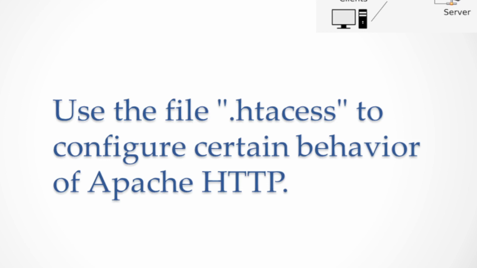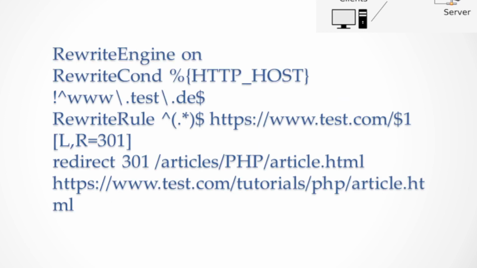The .htaccess file is useful for configuring certain behavior of your Apache HTTP server. For example, you can add a directive like RewriteEngine on. Here is an example of an .htaccess file.